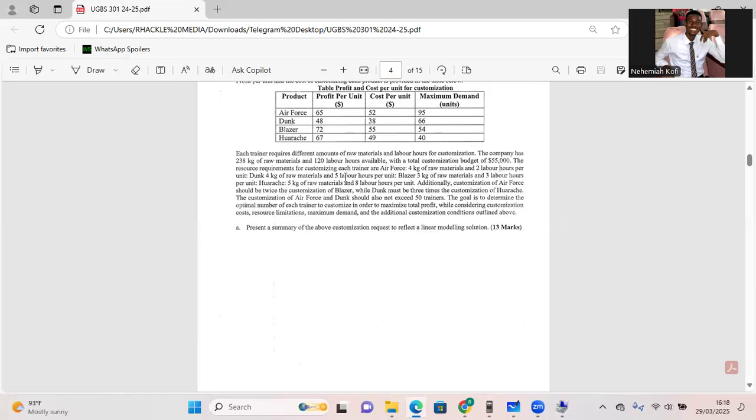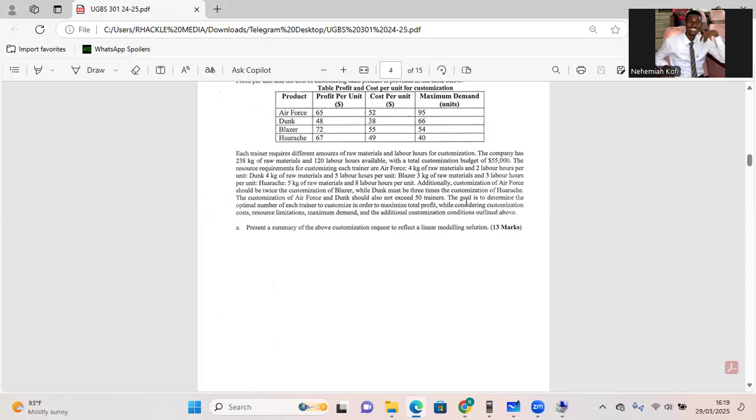The resource requirements are: Air Force 4 kg of raw materials and 2 labor hours per unit, Dunk 4 kg and 5 labor hours, Blazer 3 kg and 3 labor hours, and Hierarchy 5 kg and 8 labor hours per unit.